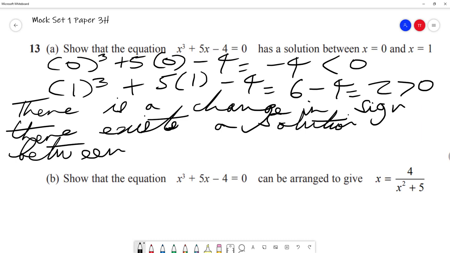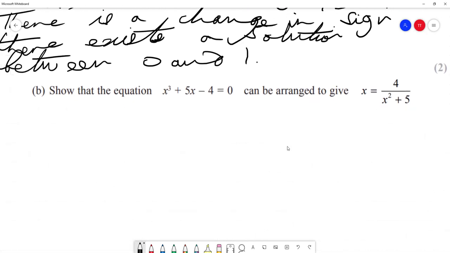Then it says, show that the equation x cubed plus 5x minus 4 equals 0 can be rearranged to give x equals 4 over x squared plus 5. So now we've got to be very careful. I'm going to write it as x cubed plus 5x, and now I'm going to take minus 4 on the other side and make that 4.